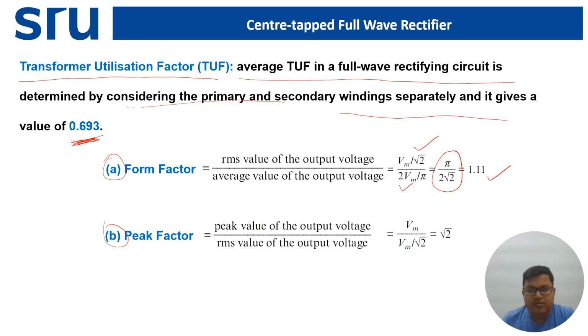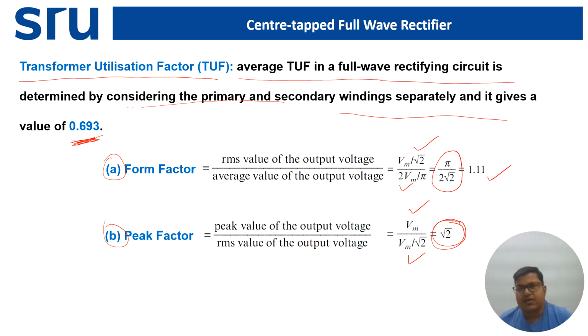The RMS value is Vm by root 2, as you noticed earlier, and the peak value is Vm. So the peak factor is root 2 only. As you can see, both of these are not dependent on Vm at all. All these are numerical values only, not depending on any of the parameters.